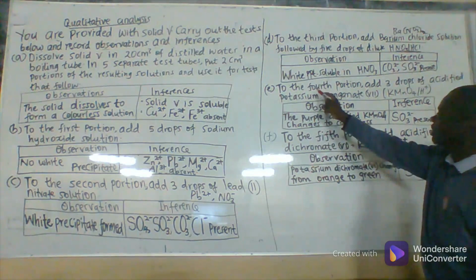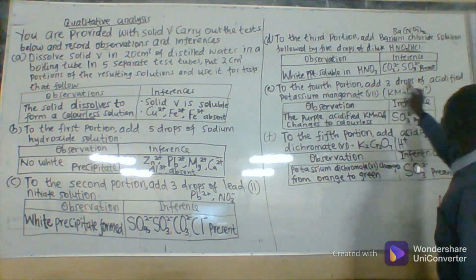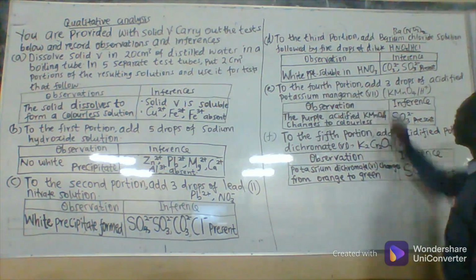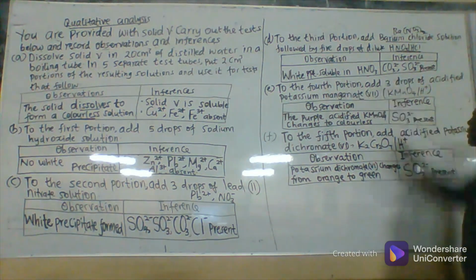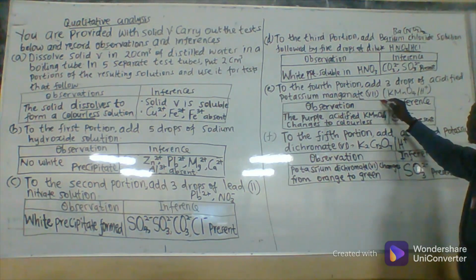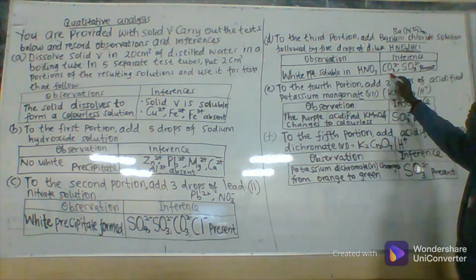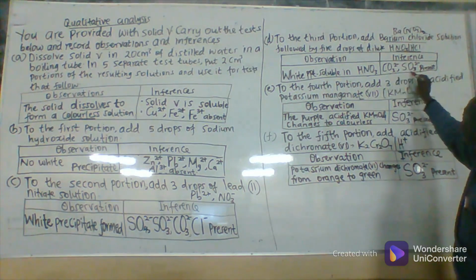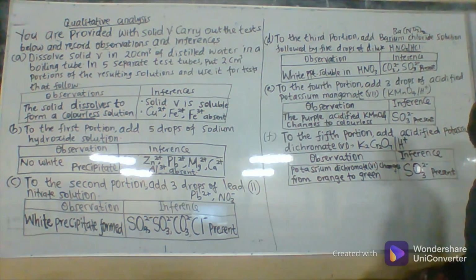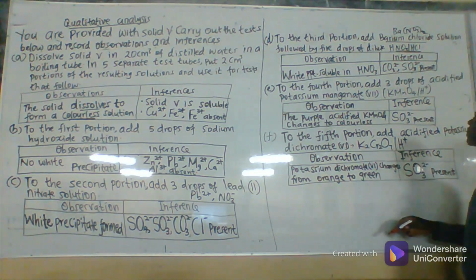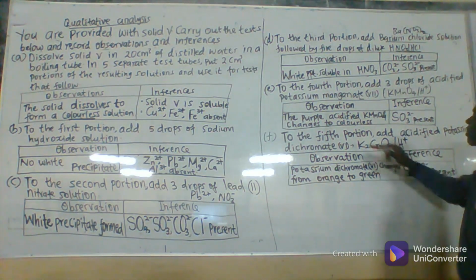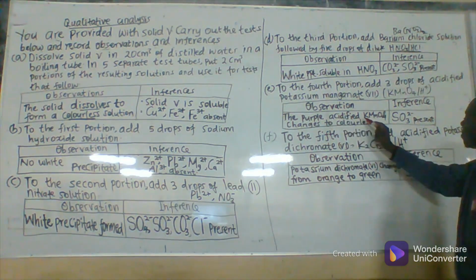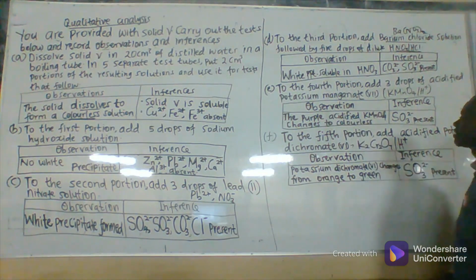Then to the fourth portion, add 3 drops of acidified potassium manganate(VII), which is normally a purple solution. Its role here was to differentiate between carbonate and sulphite, so that we find out which one is present. When the learners added acidified potassium manganate(VII), they observed the purple color changes to colorless.